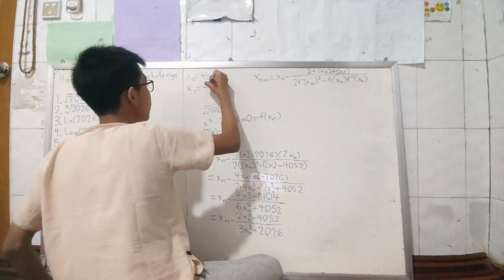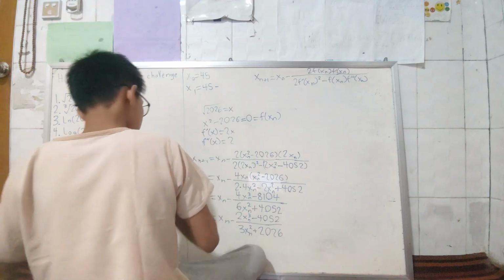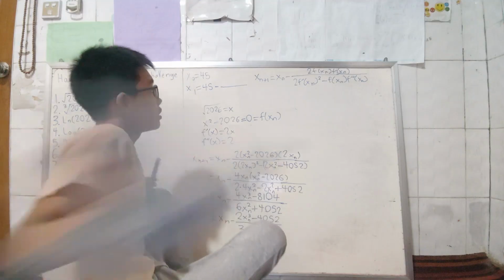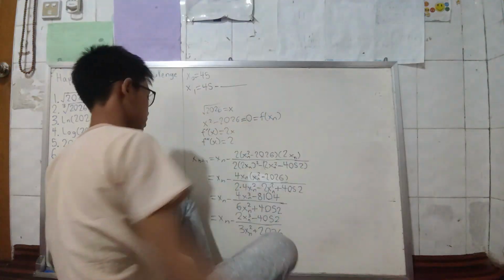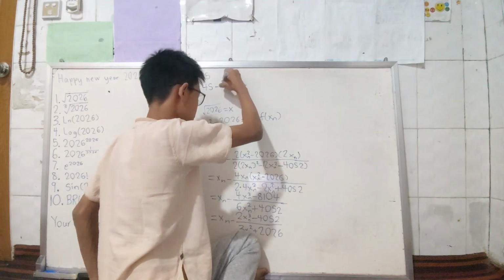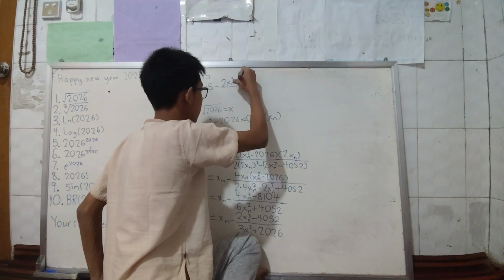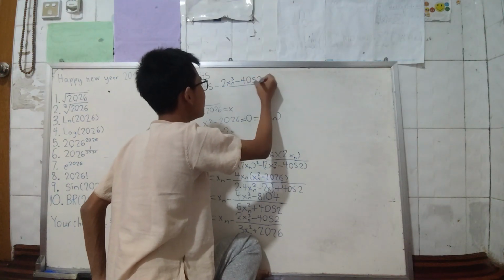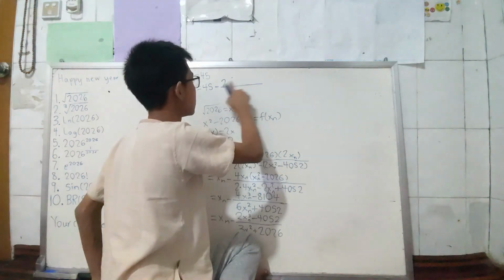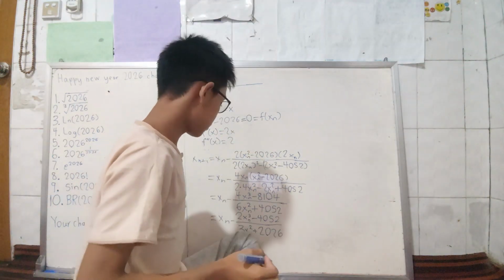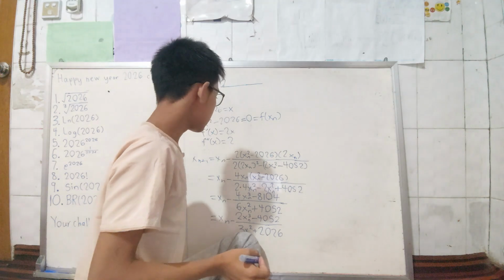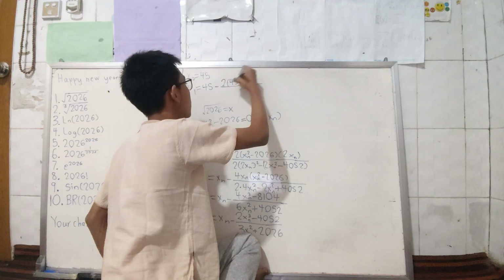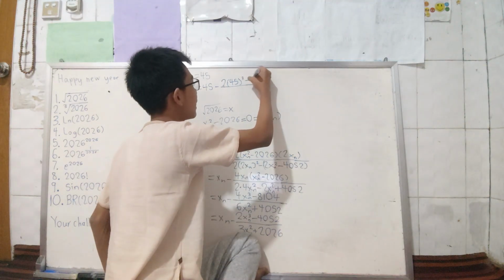So that's going to be 45 minus this large fraction. Let me erase something. That's going to be 2x of n cubed minus 4052, with 45 cubed minus 4052.